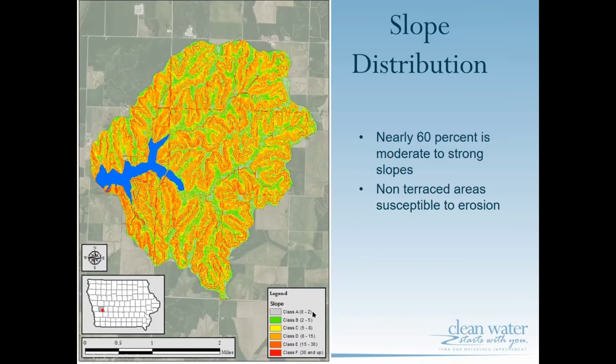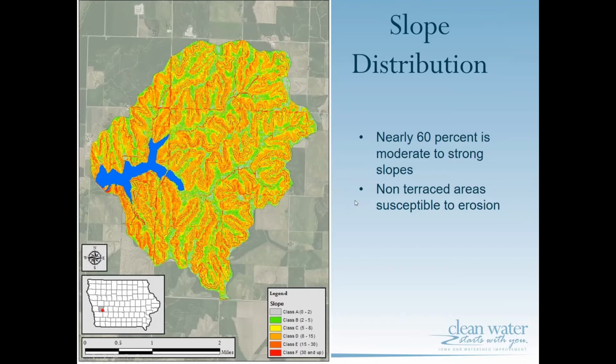So if you look down here, the document describes it, but that's between 5 and 15% slope. And that's fairly heavy compared to what you would see in central Iowa watersheds or other watersheds in the state. And we said some of the row crops were terraced, but not all of them. So non-terraced areas are going to be especially susceptible to erosion or the removal of soil from the topsoil, depending on where you are with land use, soil type, and slope.